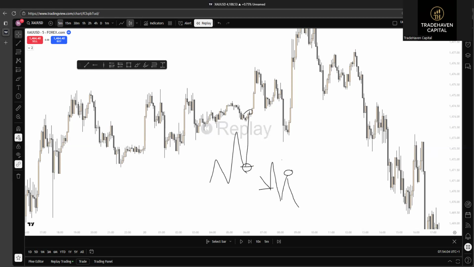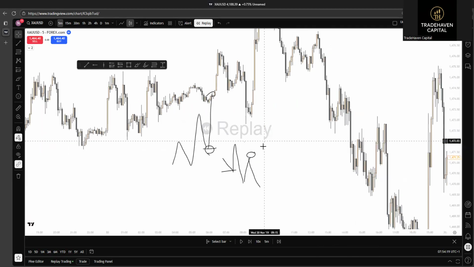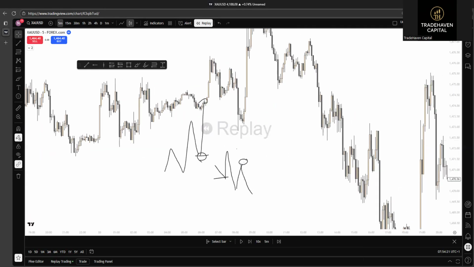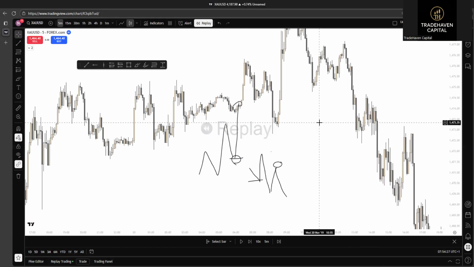So every push creates a swing high, and every pullback creates a swing low, and all of those are just the foundation, right? Now, every trader understands these, at least on paper.